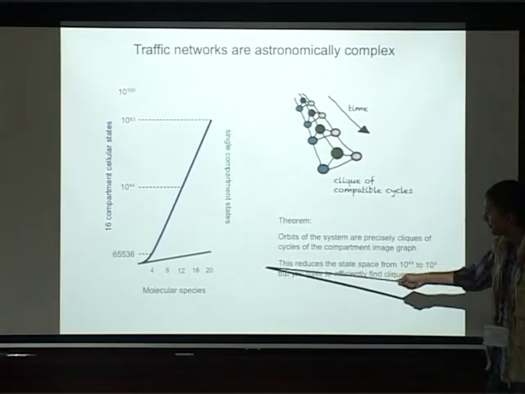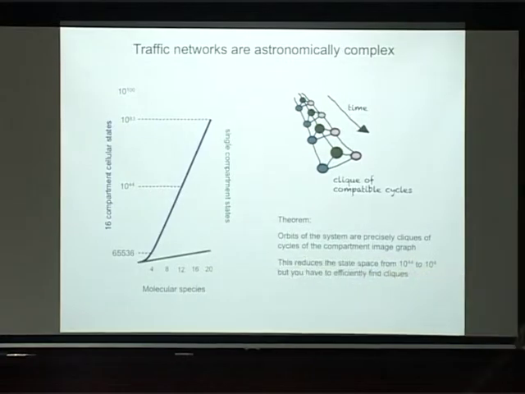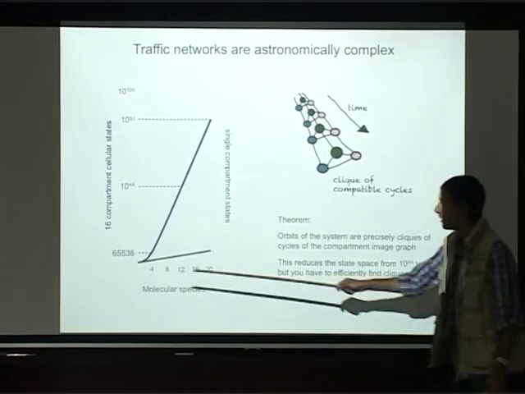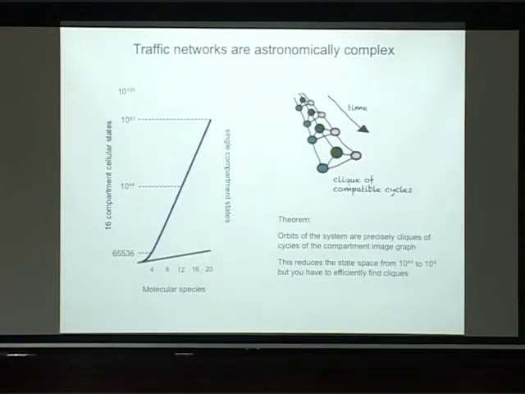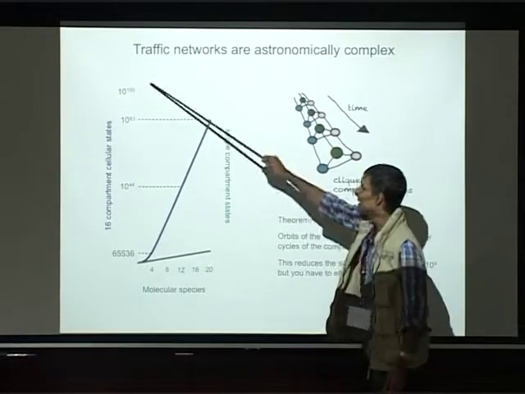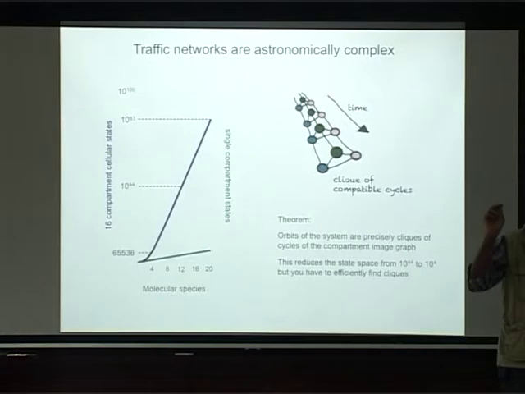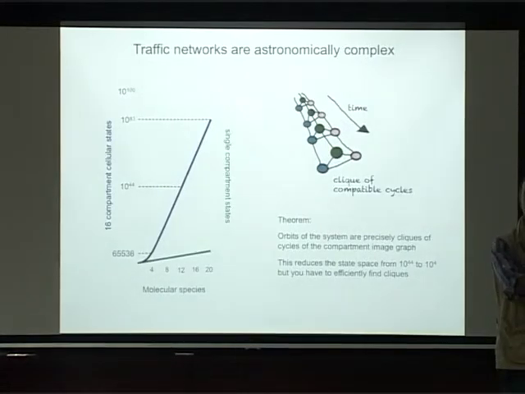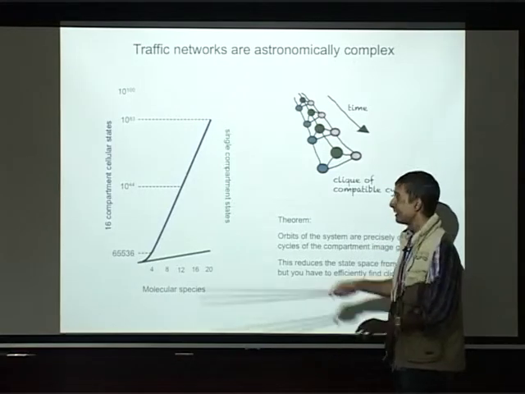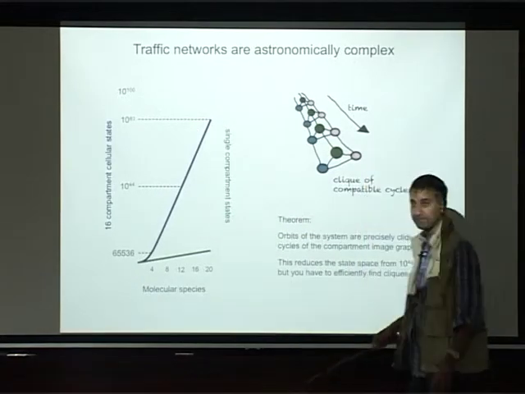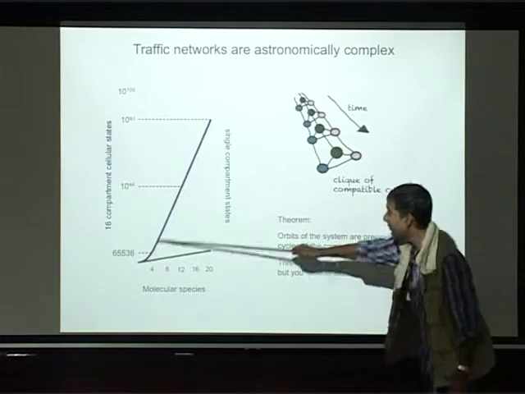So on this axis you have the number of molecules of the cell, and on the vertical axis you have the total number of states the cell can be in. That's the real state space of the system. This is logarithmic. This is ridiculous.